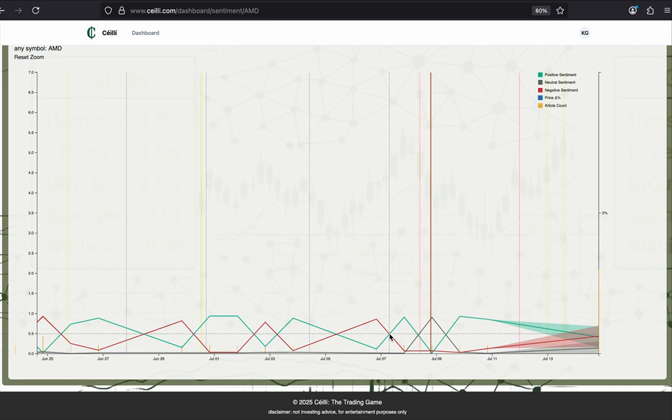Eventually, it bought 81 shares of AMD. And from this point to where we are today, July 15th, AMD rose 13%, which we can see.